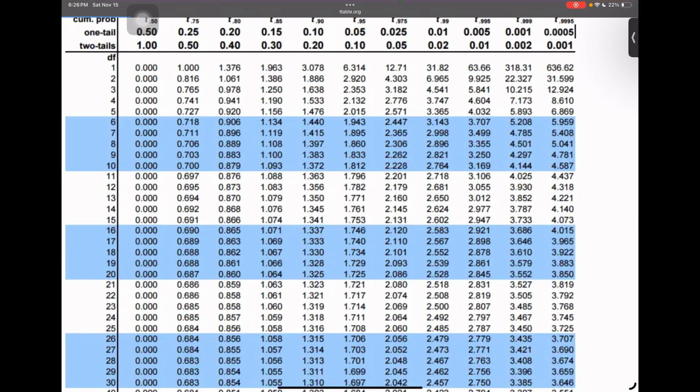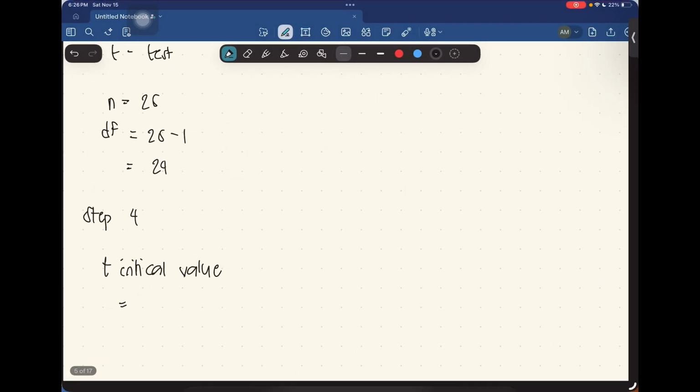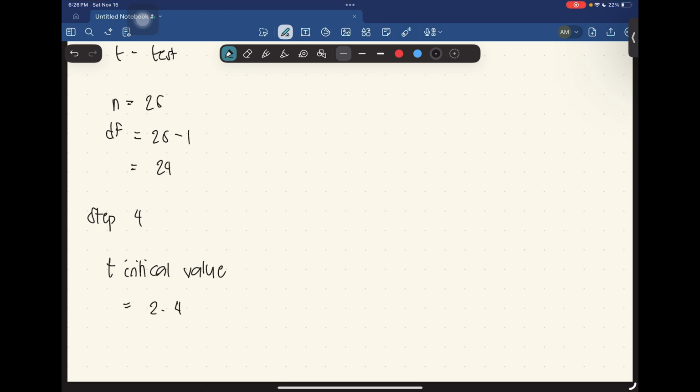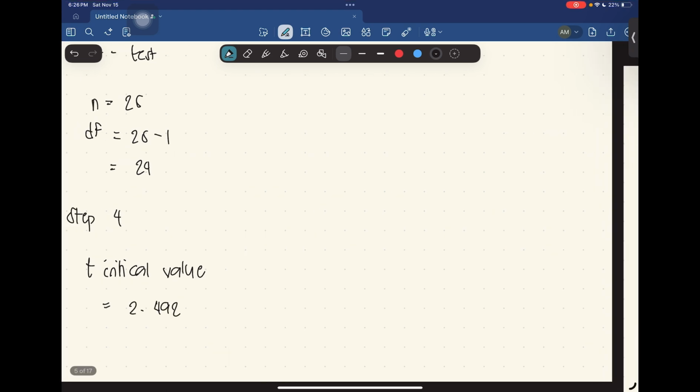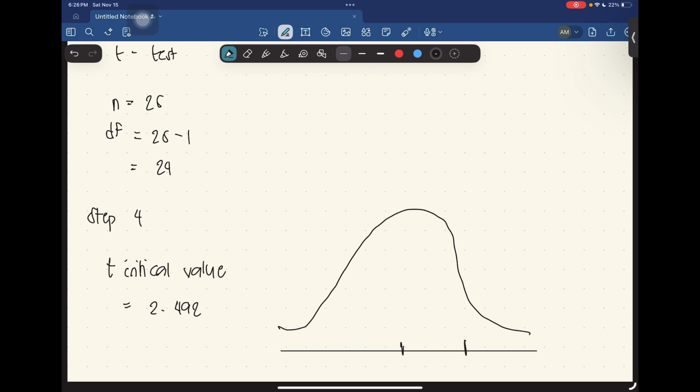So, critical value is 2.492. Now it's positive because the test is to the right, or it is right-tailed. And in the bell curve, it is somewhere over here.